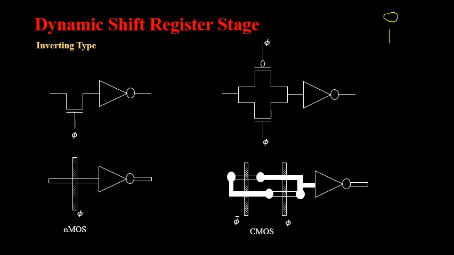If I want to store it in the same format, that is, 0 and 1 have to be read at the output of the data, that is, 0 itself I want at the output and 1 itself I want stored at the output, then I am going to make use of a non-inverting type of dynamic shift register element.